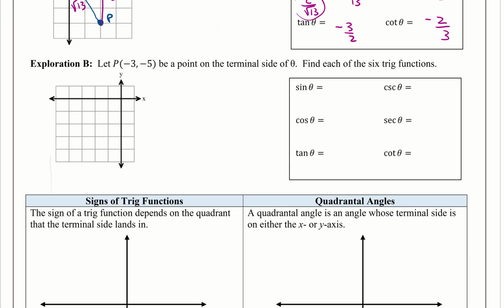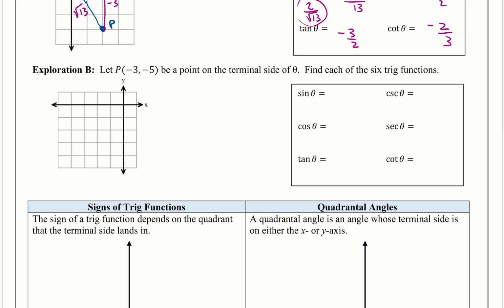Exploration B, point P is at (-3, -5). Let's see if I can count today. And I like to make my right triangle with the x-axis. So -3 would be how far to the left, -5 is how far down I went.